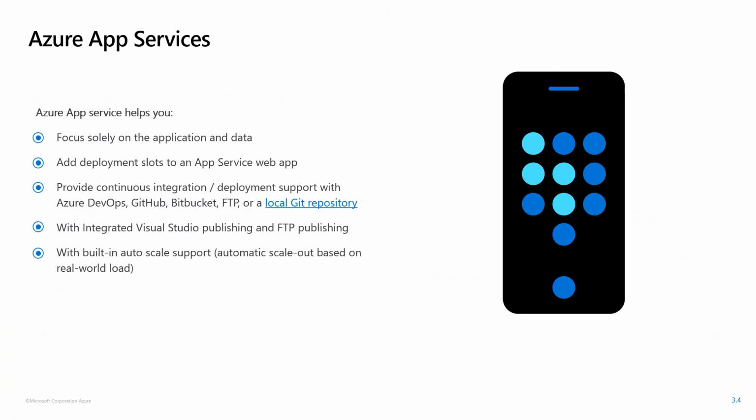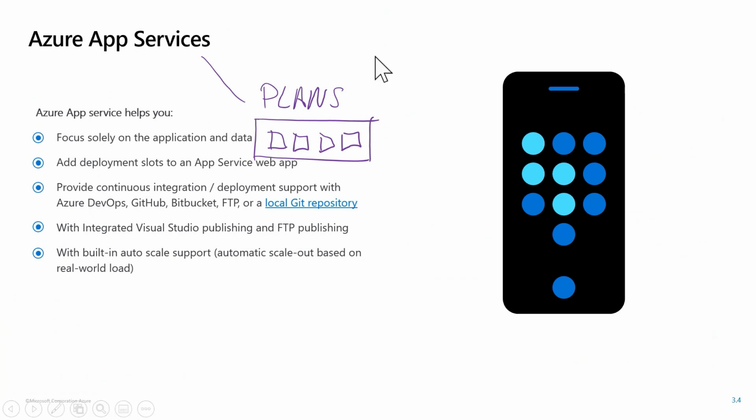A great idea to understand that app services, we know from our study, run in app service plans, and plans allow us to deploy within it various web apps or applications. Right? And we have various types of plans which support our underlying compute or resources.